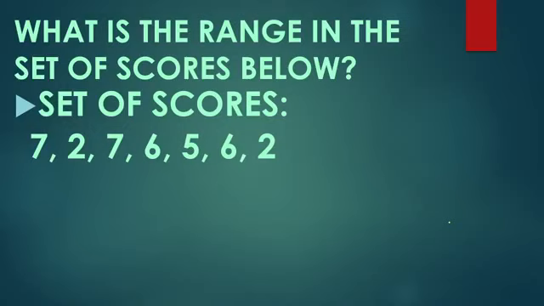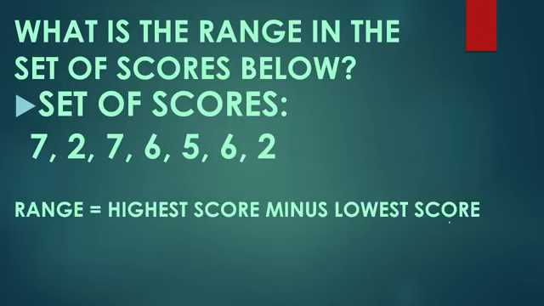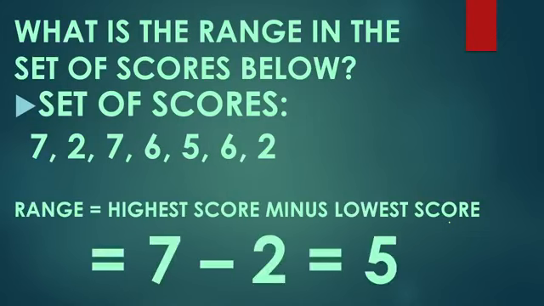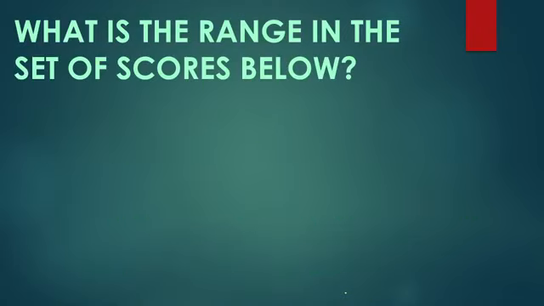What is the lowest score? Okay, very good. So I get it. Your classmates said 5 because they subtracted 7 and 2. The highest score is 7. The lowest score is 2. So therefore, the range is equal to 5. Okay? So it's very simple to compute. Look for the lowest score and the highest score. Subtract them.